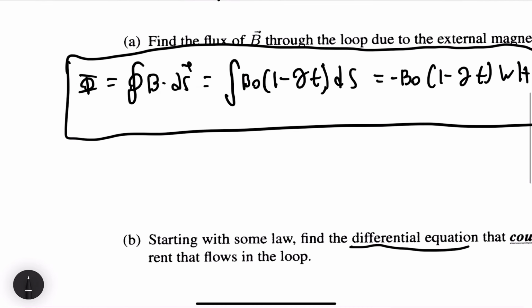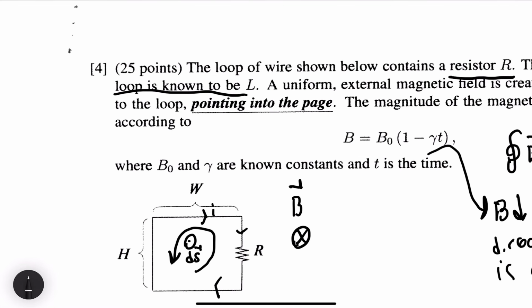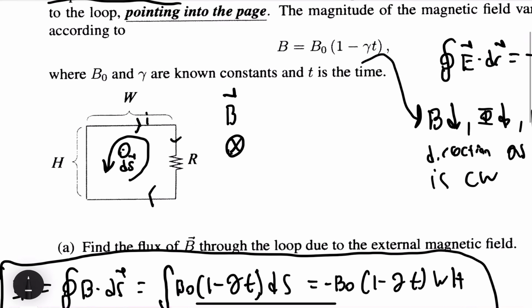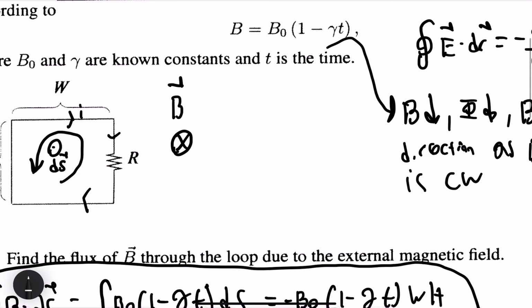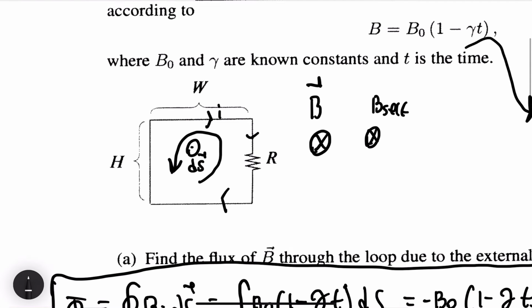So now I can find if the induced flux is positive or negative. So induced is plus or minus Li. B self is the same as B, so this is B self. B is going into the page, ds is coming out of the page.